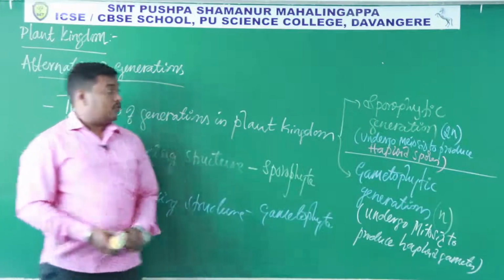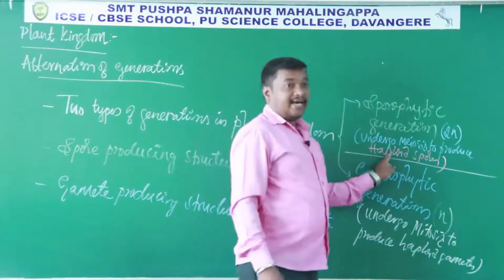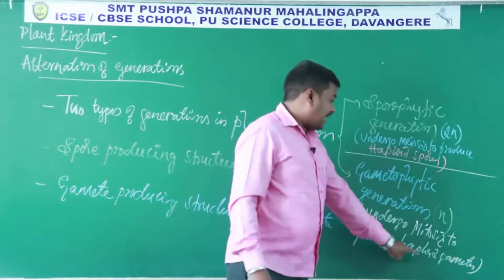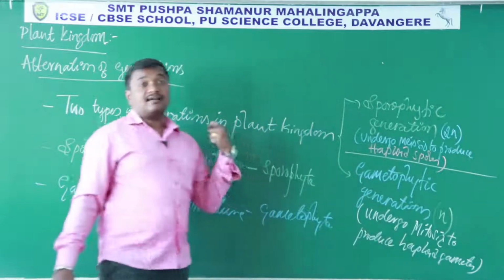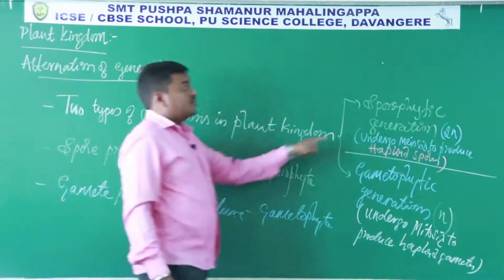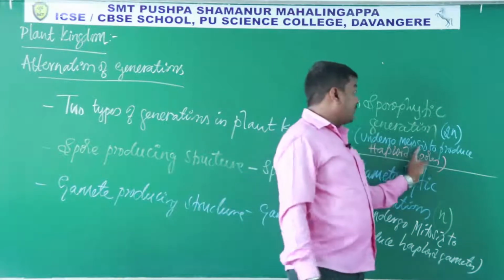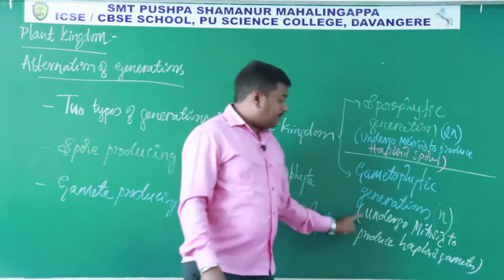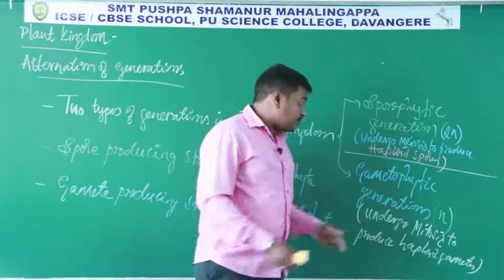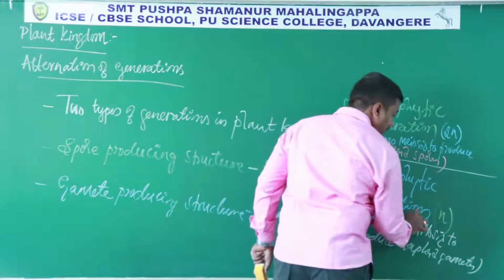Note here that spores are haploid, and gametes are also haploid, but the type of division that occurs is different. The sporophytic generation undergoes meiosis to produce haploid spores, but gametes are produced by undergoing mitosis.